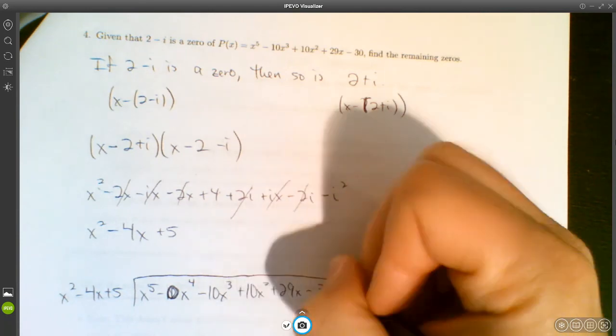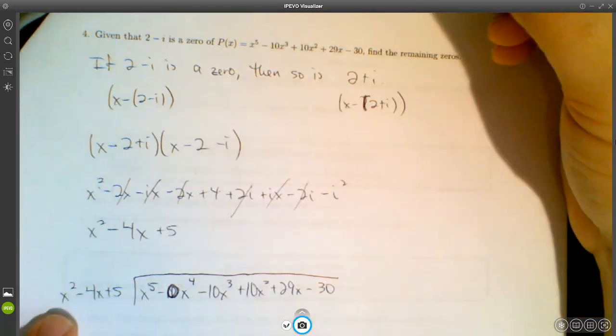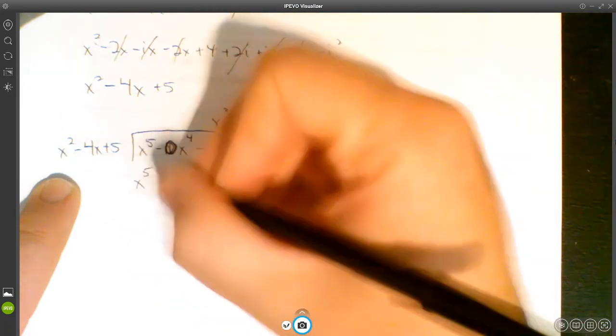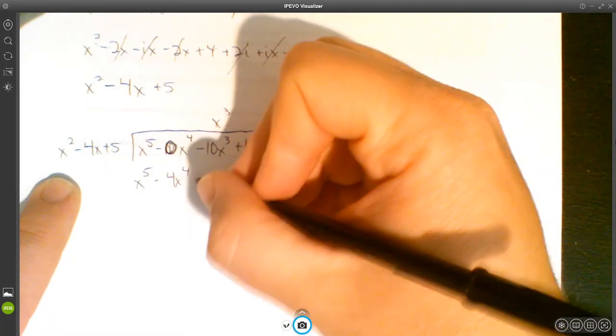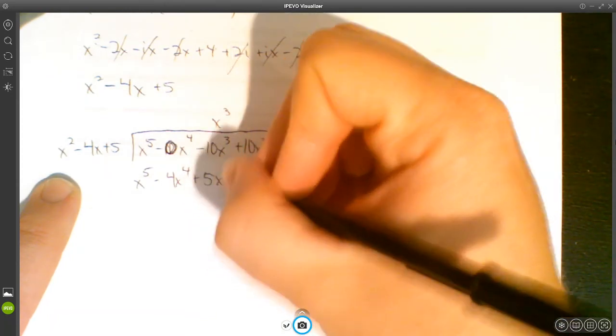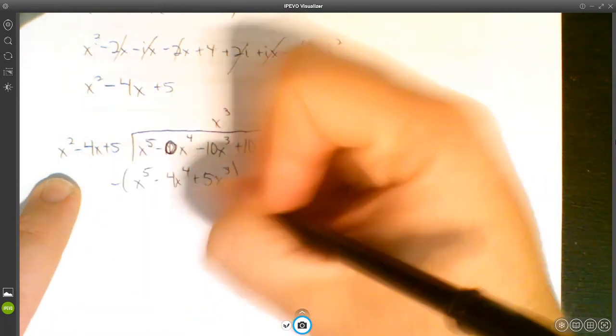Let's see what we get. What times x squared is x to the 5th? The answer is x cubed. And then we multiply. And subtract.